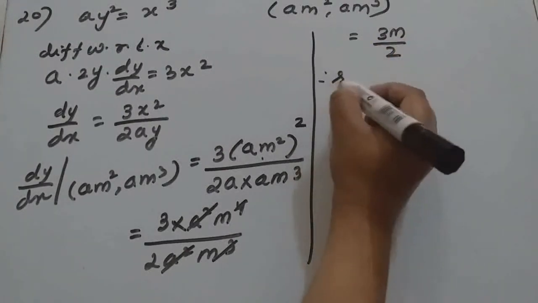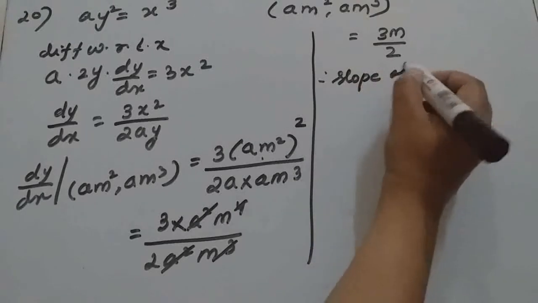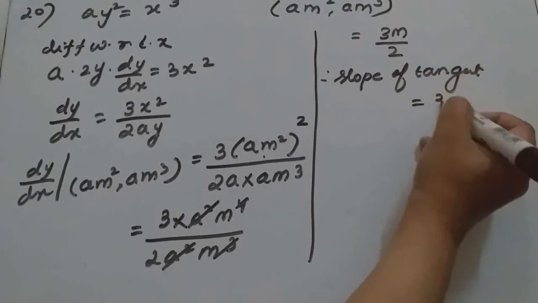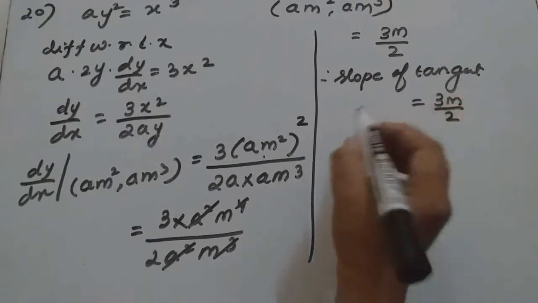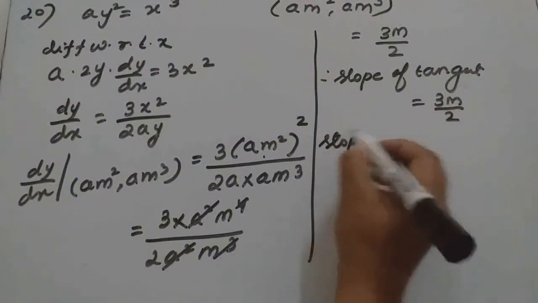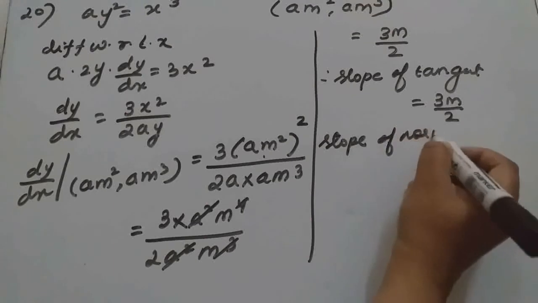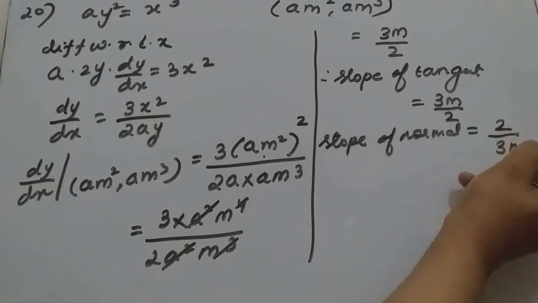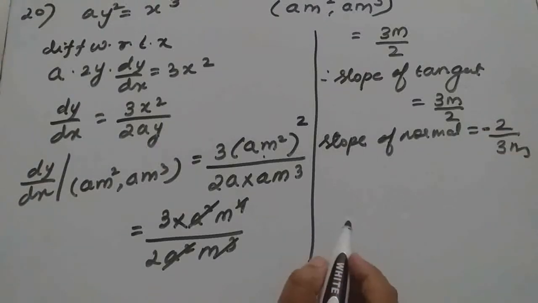So therefore the slope of the tangent is 3m by 2. So the slope of the normal will be, change the sign and take reciprocal, so minus 2 by 3m.